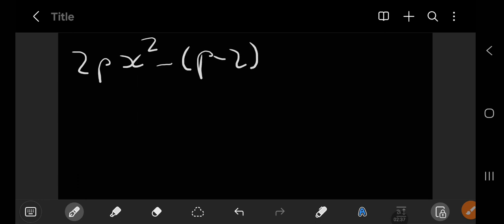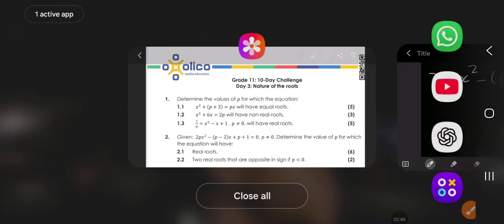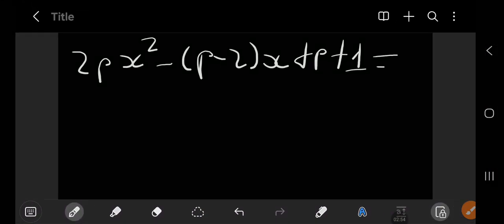So what was our initial equation? We had 2px squared minus open brackets p minus 2 x plus p plus 1, and it was equal to 0. Let's just keep it as equals to 0.